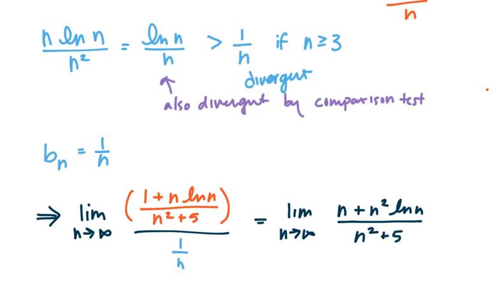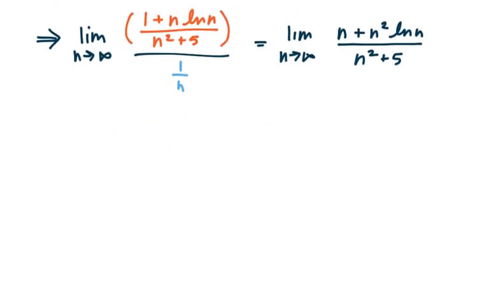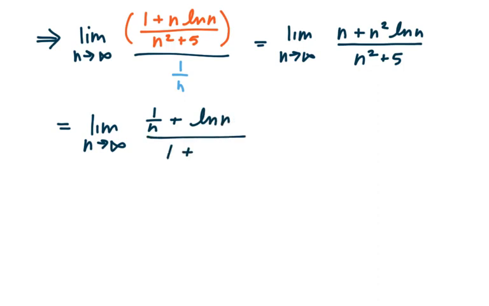All right, so this is the limit to infinity of a rational function. And in order for us to do that, we divide everything by the highest power of n in the denominator. In this case, we're using n. So n divided by n squared gives 1 over n. n squared ln n divided by n squared gives us just ln n. n squared over n squared is 1, and then I have plus 5 over n squared.